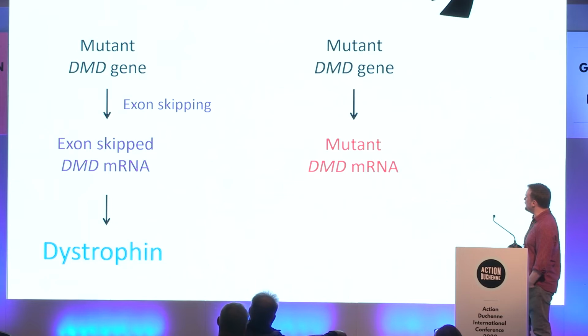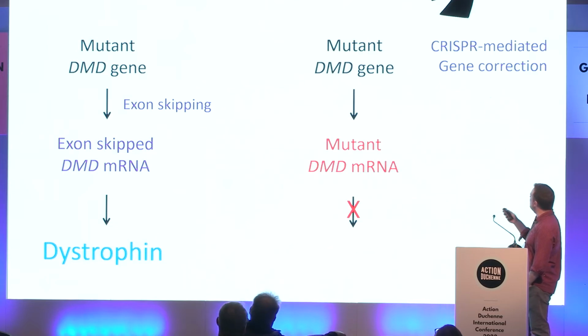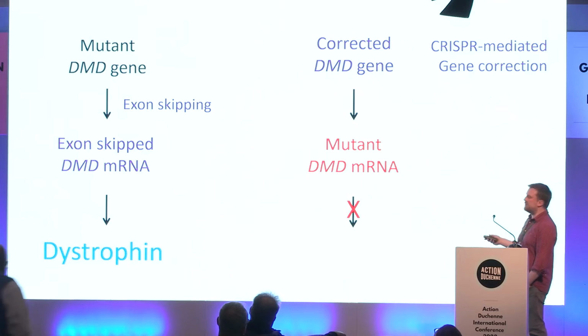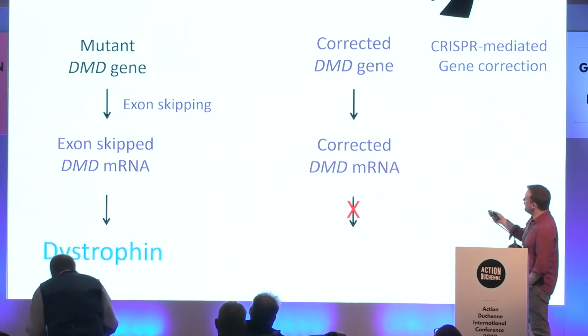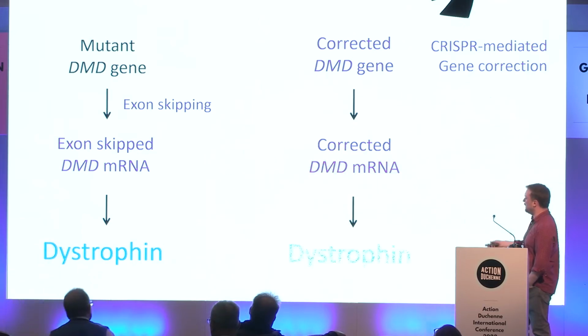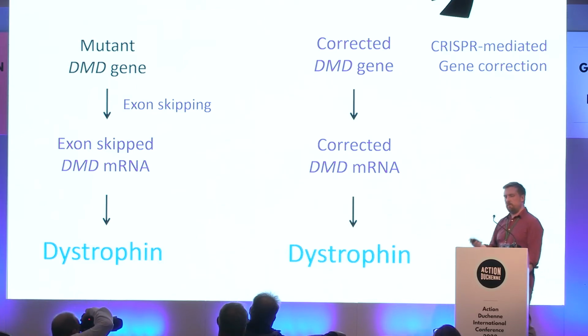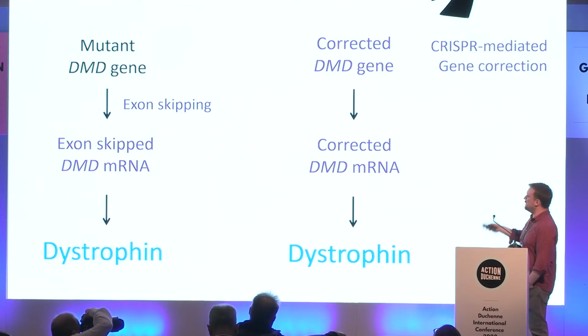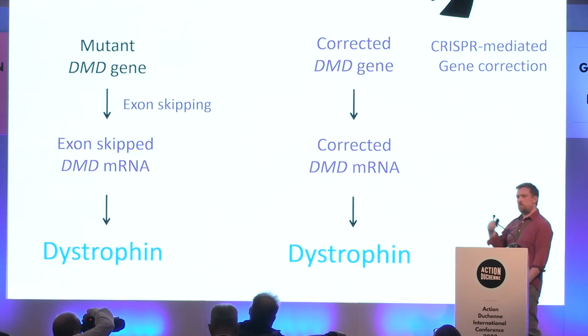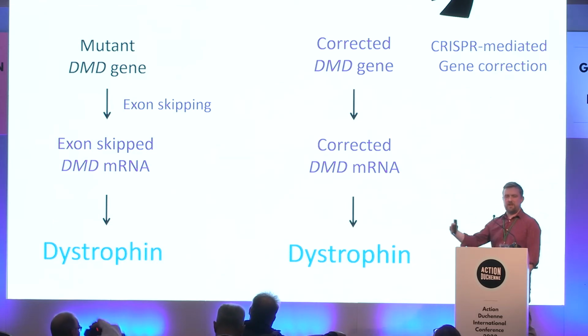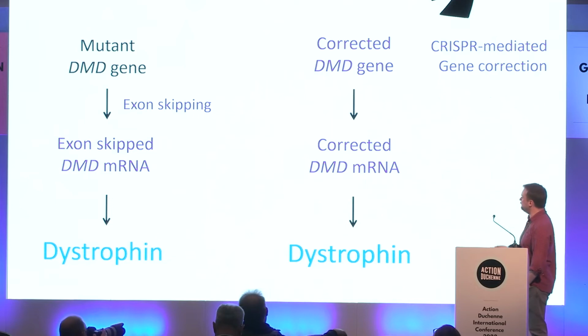By contrast, CRISPR involves correcting the dystrophin gene at the DNA level, and that results in a corrected mRNA and re-expression of a protein. They're somewhat similar in that in both cases we're trying to remove one exon from the genome or the transcriptome, but this diagram illustrates that we're attacking the problem at different stages of gene expression.